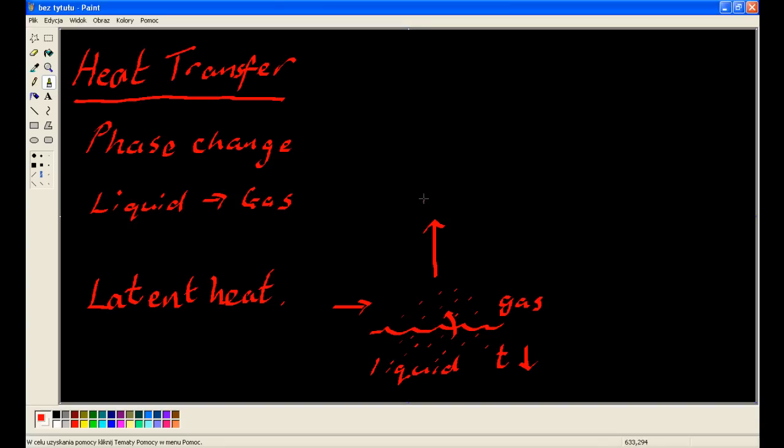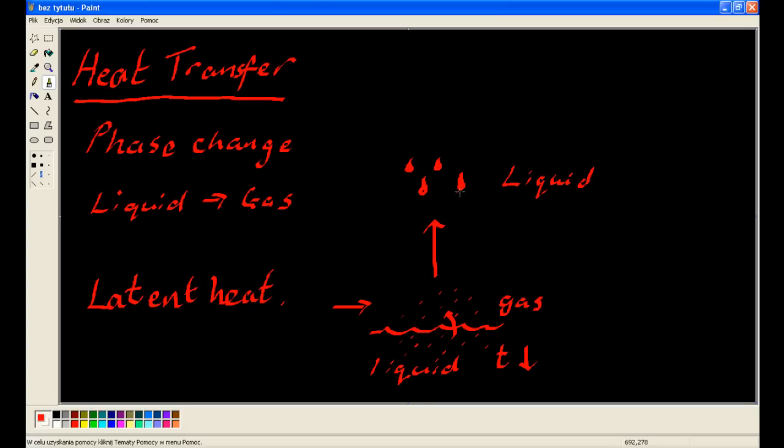And because it gets colder, eventually this gas will turn into water droplets again. In fact, it will turn into rain. Later on, I'll explain this in a little bit more detail. But the water vapor, the gas, then turns back into a liquid again.